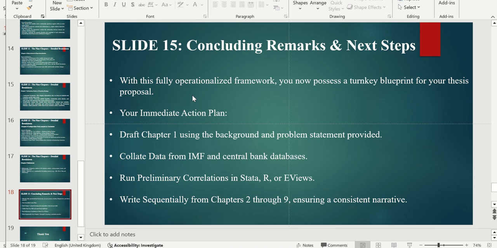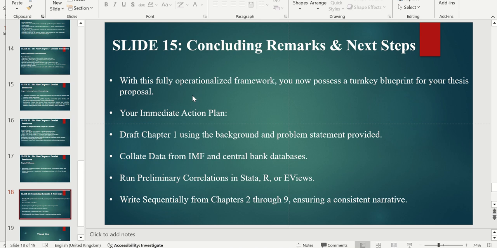Before we finish today's class, let me leave you with one important message. Writing a thesis proposal is not about writing hundreds of pages. It is about building one clear idea step by step, choosing a meaningful topic, understanding your variables, following a proper structure, supporting every argument with quality literature, and most importantly, keep writing consistently.